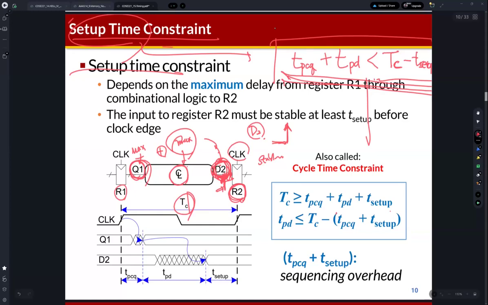So actually the TPCQ and the T setup are fixed timing properties. It's the common timing property of the flip-flops. But the delay of the combinational logic is determined by the combinational logic design, right?